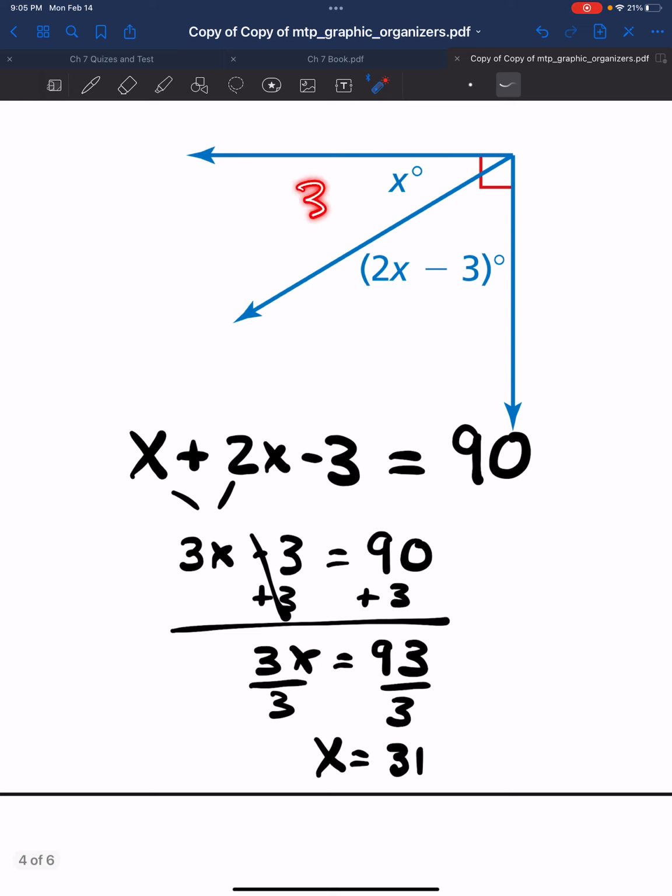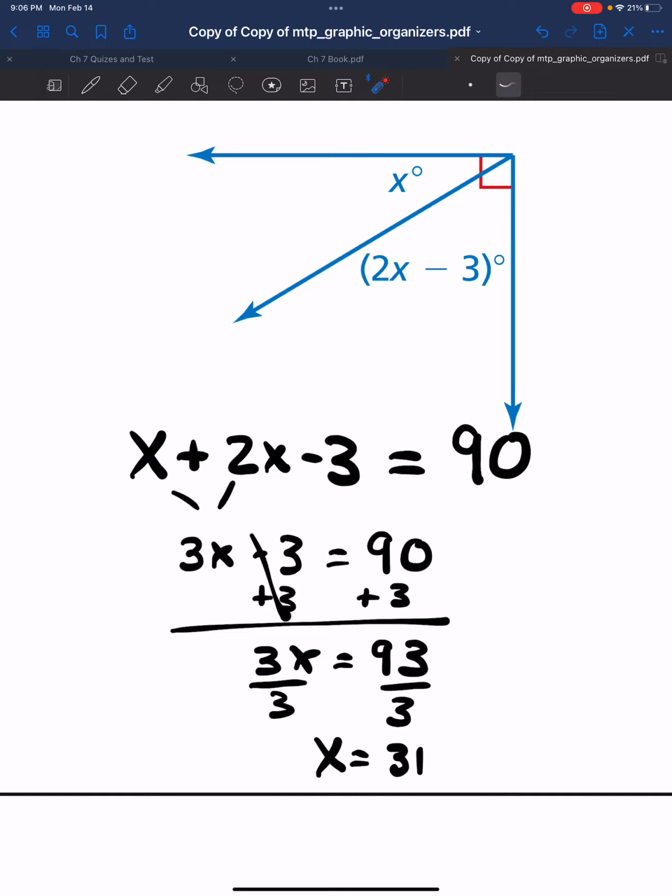So this is 31 degrees. This would be 31 times 2, which is 62. 62 minus 3 would be 59, right? 59, 60, 61, 62, yes. Okay, so 59. So what is 59 plus 31? Ooh, 59 plus 31 equals 90.